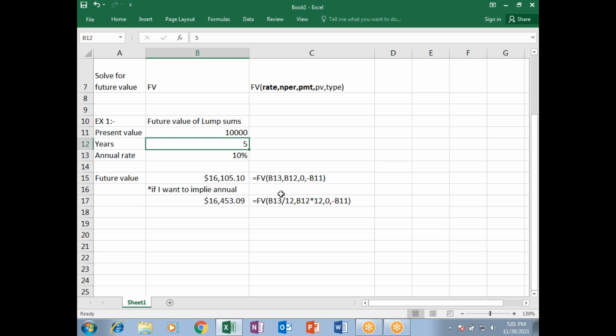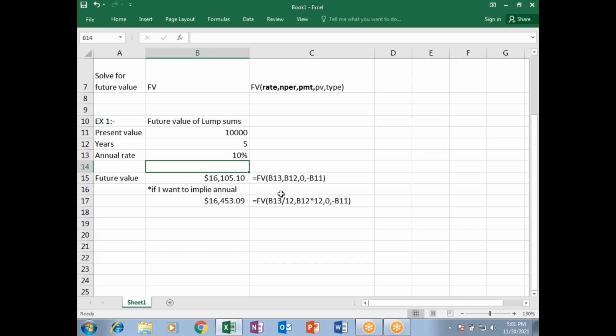Okay. Now, think that my future value is showing something like 16,105. Think that I have some value which I expect, the amount I should require in the future value. I may not know whether I want to change the annual rate, the years, or the present value. So to find out the exact value, say for example it is showing me 16,105.